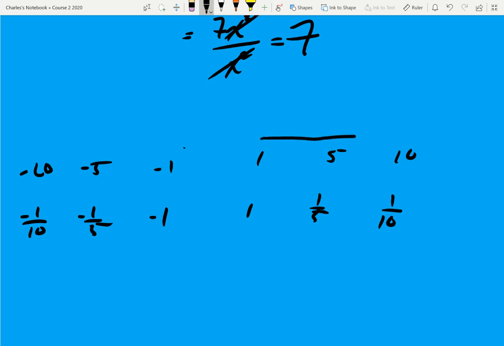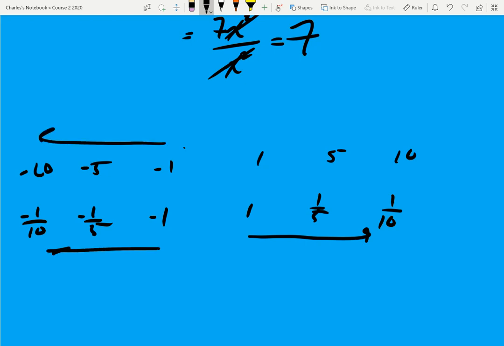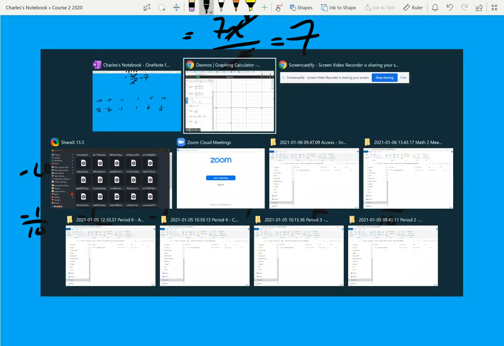As the number gets larger, the reciprocal gets smaller. So when y goes to infinity on the original function, the reciprocal is going to go to 0. That's the same thing in the positive and the negative direction. The other thing to recognize is that the signs don't change. The reciprocal of a positive number is still positive. The reciprocal of a negative number is still negative.